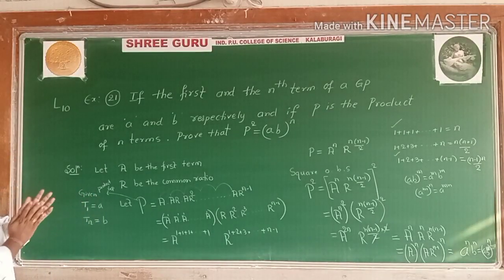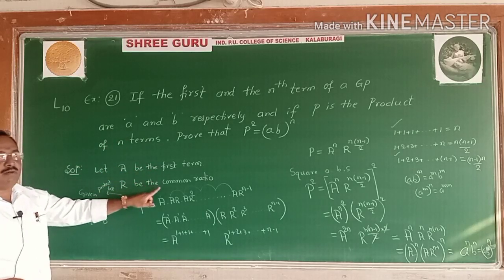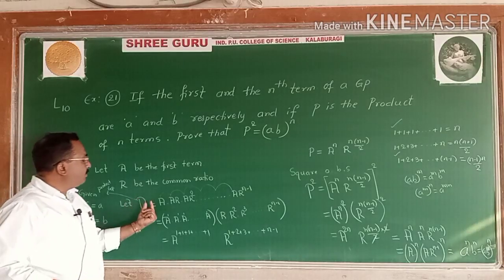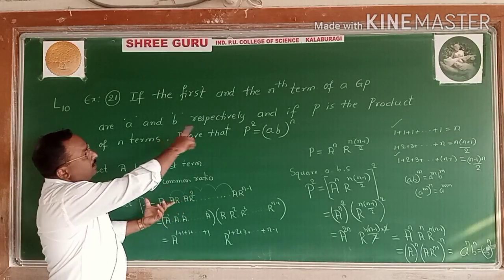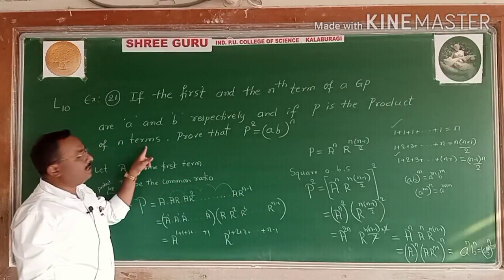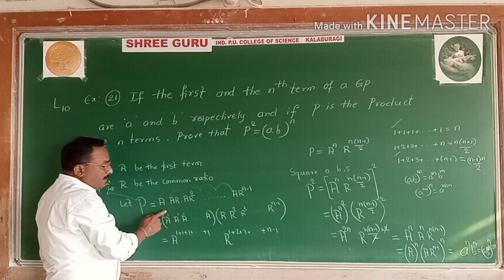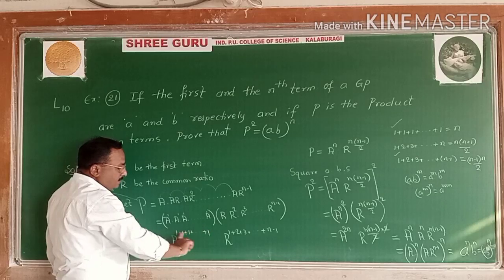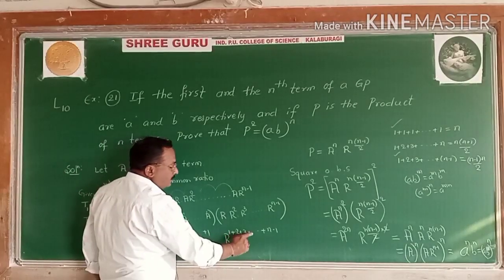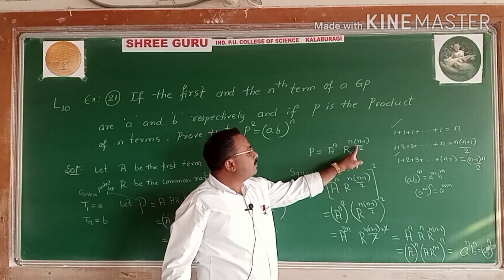Let me recap. Let a be the first term and r be the common ratio. Given first term is a and last term is b. Let P be the product of n terms. Taking a separate and r separate: a power 1, a power 1, same base powers added, 1 plus up to 1 gives n. The formula for 1 plus 2 plus 3 plus up to n minus 1 is n into n minus 1 by 2.